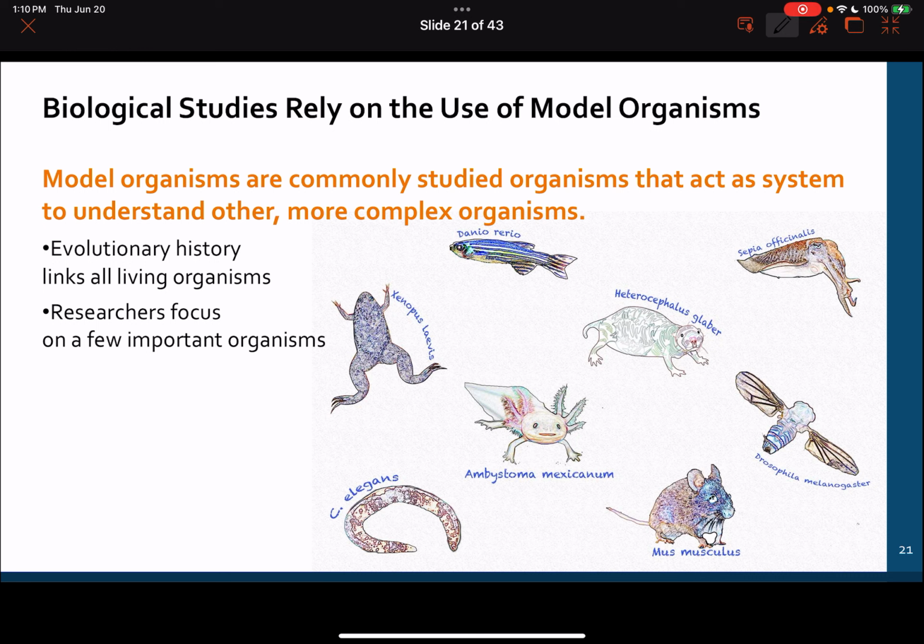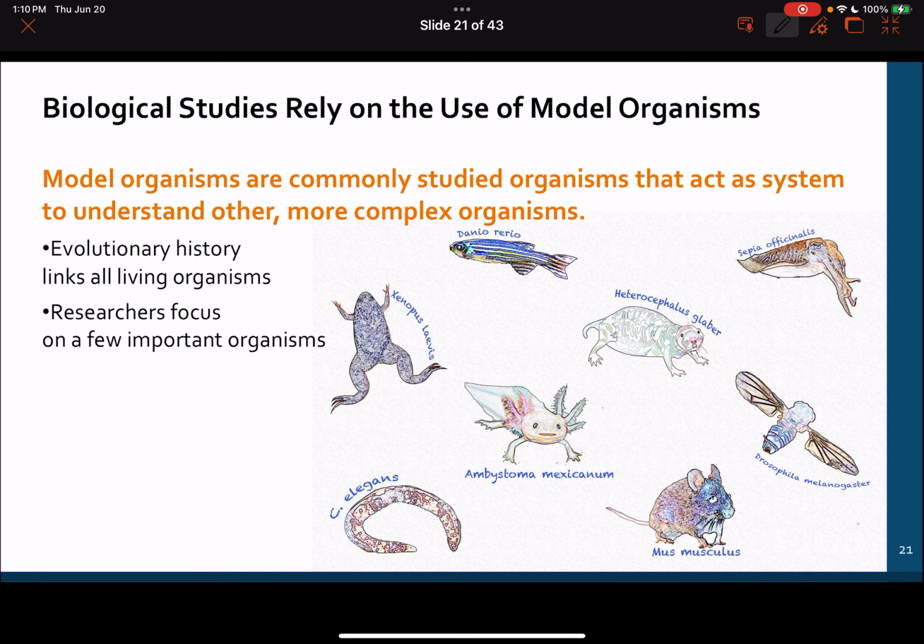Biologists very heavily rely on the use of model organisms to understand more complex organisms, or even similarly complex organisms that might be less common or less readily available. And we can use model organisms because of evolutionary history, because all living organisms at different levels can be traced to common ancestors.